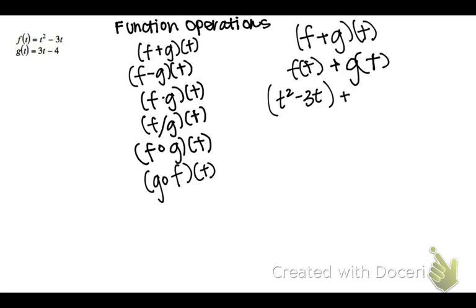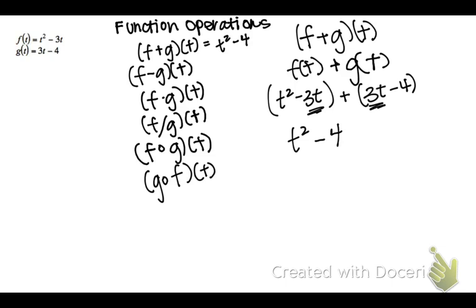And g of t is 3t minus 4. So if we add those, that's just going to be t squared, negative 3t and positive 3t cancel, minus 4. So f plus g of t would be t squared minus 4.